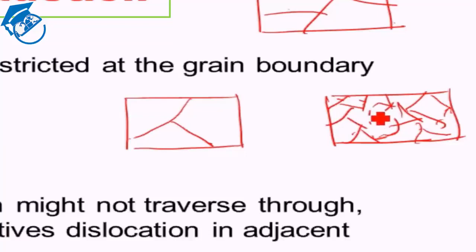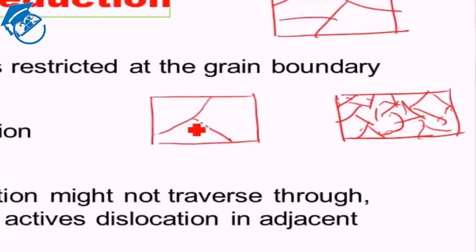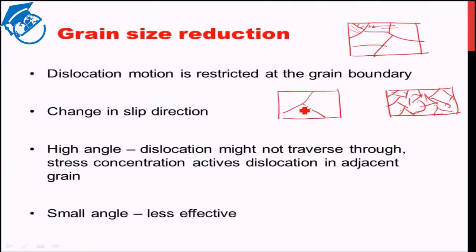As a result, much more energy or stress will be required for the dislocation movement from one end to another. It will be much easier in the case of larger grains. So by decreasing the grain size, we are increasing the number of hindrances per unit length for the dislocation. Thereby, by decreasing the grain size, we are increasing the strength of the material.